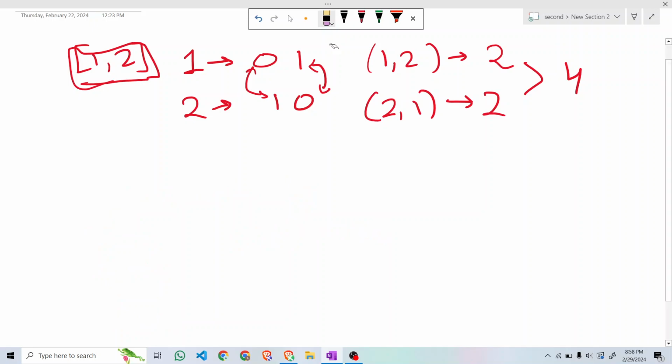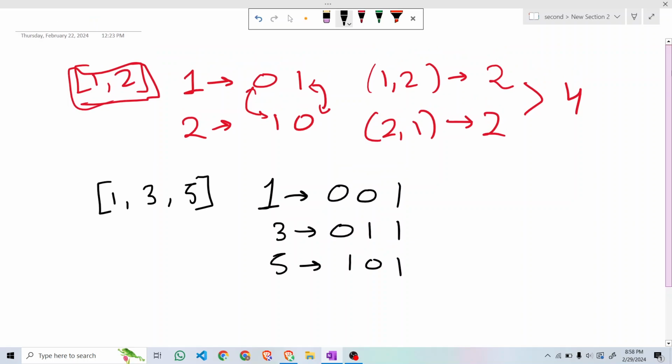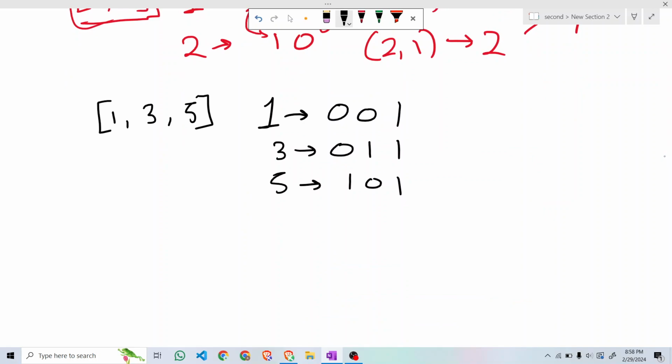Instead, let's look at one example, 1, 3, and 5. The binary representation of 1 would be 0, 0, 1, 3 would be 0, 1, 1, and 5 would be 1, 0, 1. So what we can do is, instead of looking at individual pairs and counting the bit differences, we could look at the bit positions: the 0th bit position, the first bit, the second bit.